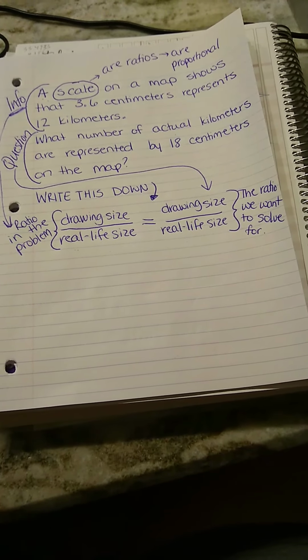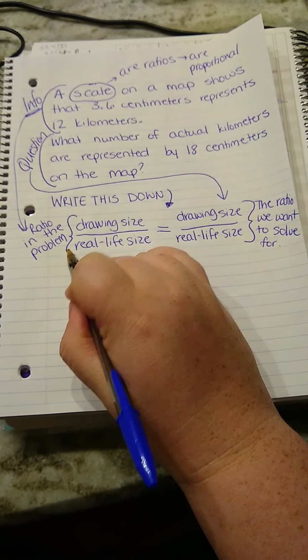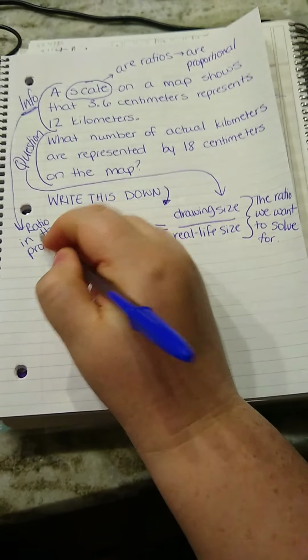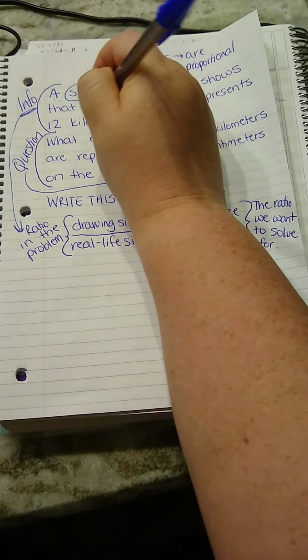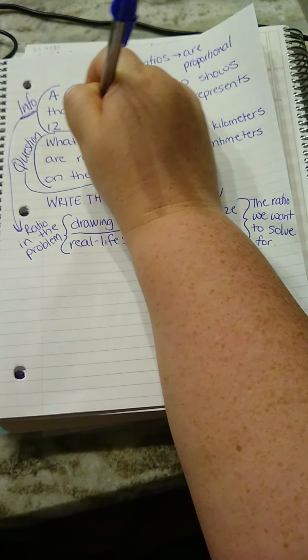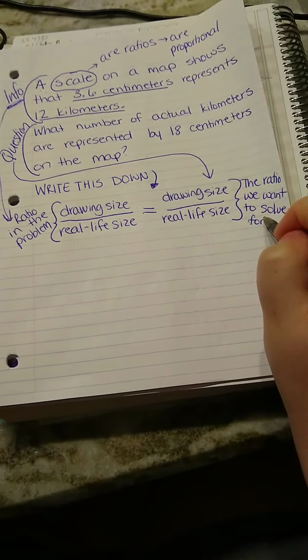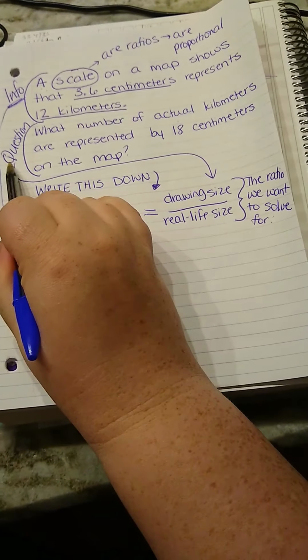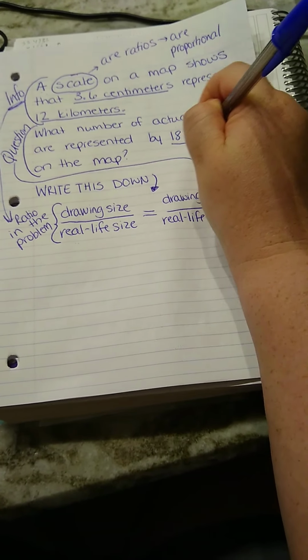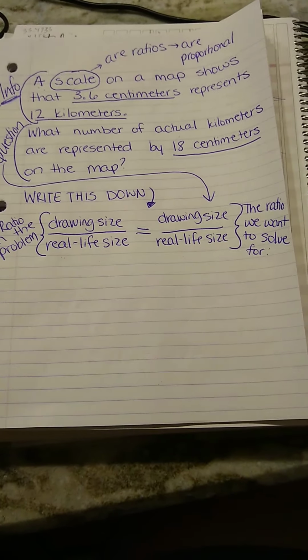So we have some numbers in our info section. Those numbers are 3.6 centimeters and 12 kilometers. We have a number in our ratio that we want to solve for from the question part, and that's 18 centimeters. So that's great. We have our numbers, but where do we put them?